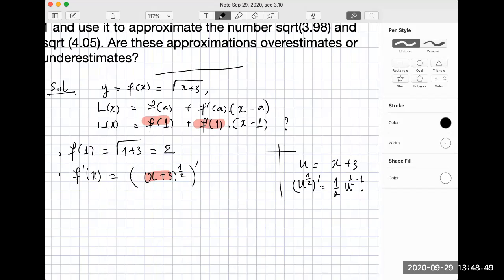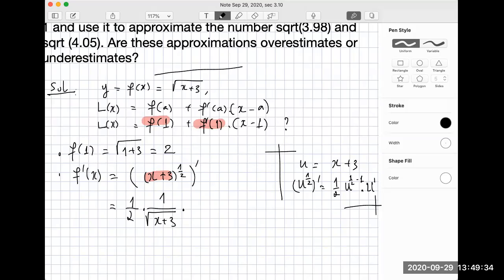And the chain rule tells us that we need to compute u prime. This is side computation, we can put it in here. So in short, what is it? One-half u to the negative 1/2, or we can write it as 1 over square root of u, and u is x plus 3.